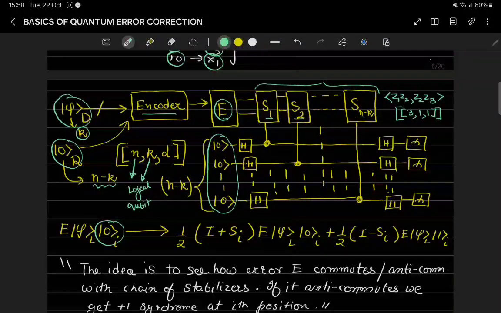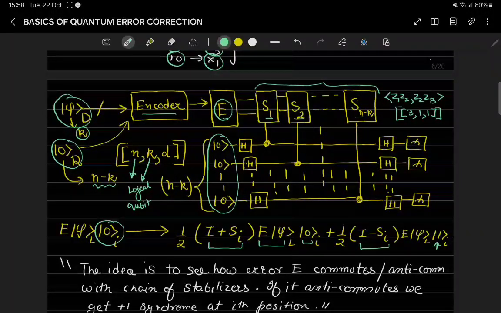If you look into the circuit, and also if you follow the previous discussions, it's easy to see that the final state for this single stabilizer is of this form. It is E psi L 0, with a prefactor of 1 plus Si, and it has 1 minus Si with 1 in the ancilla.